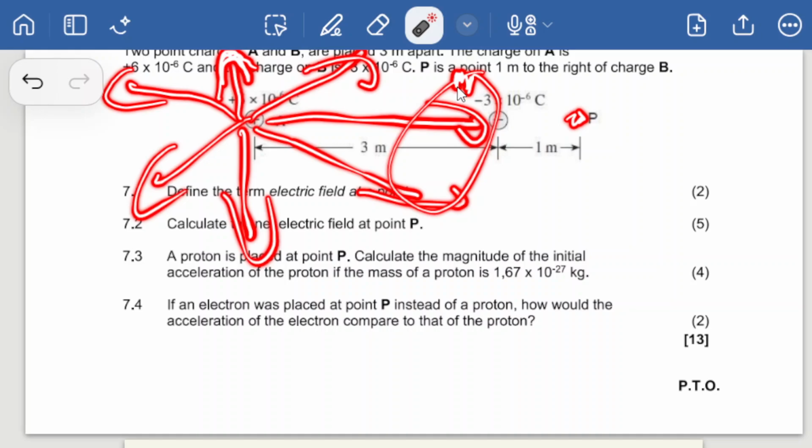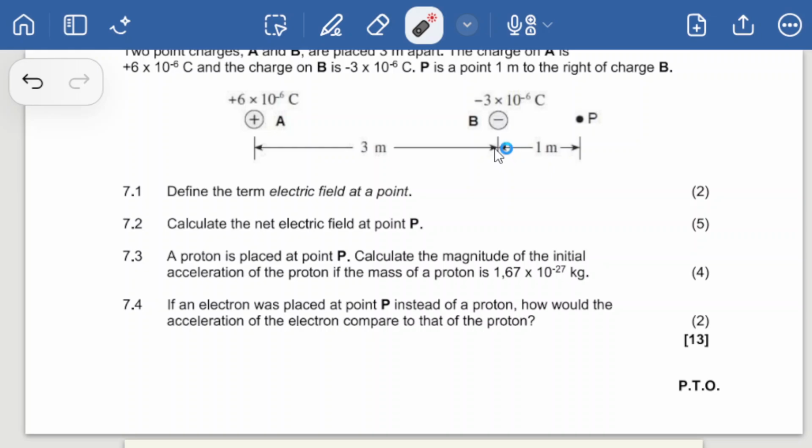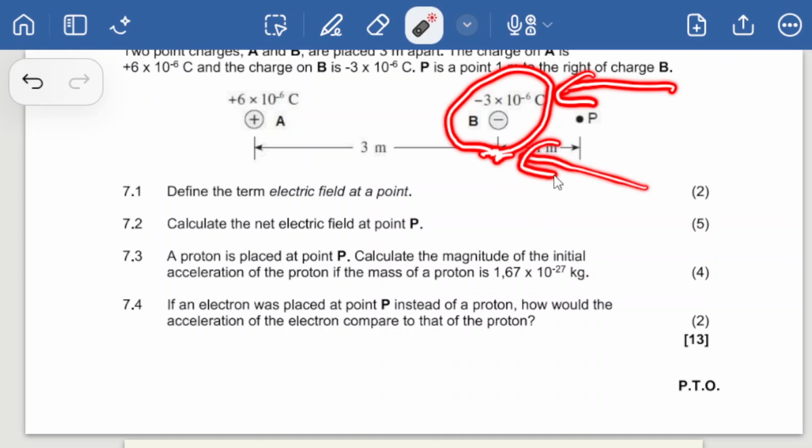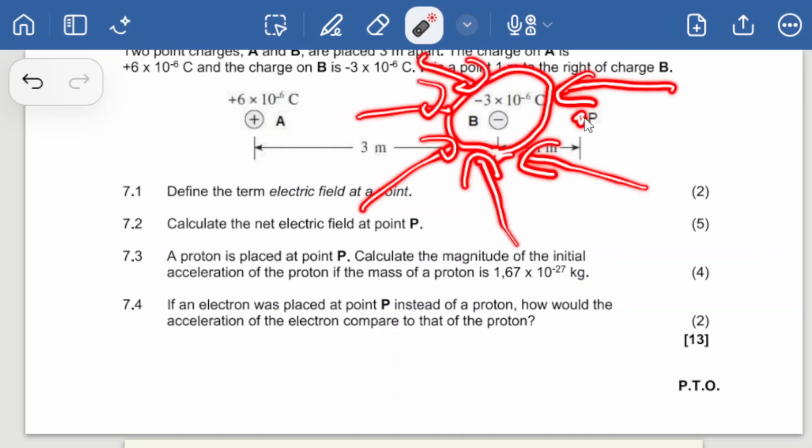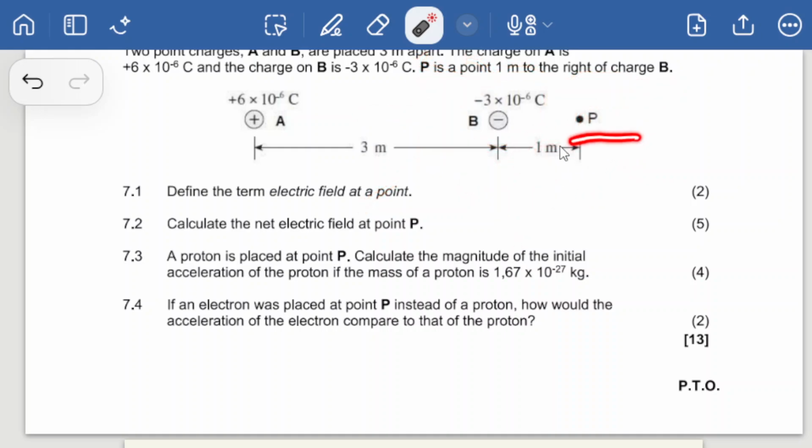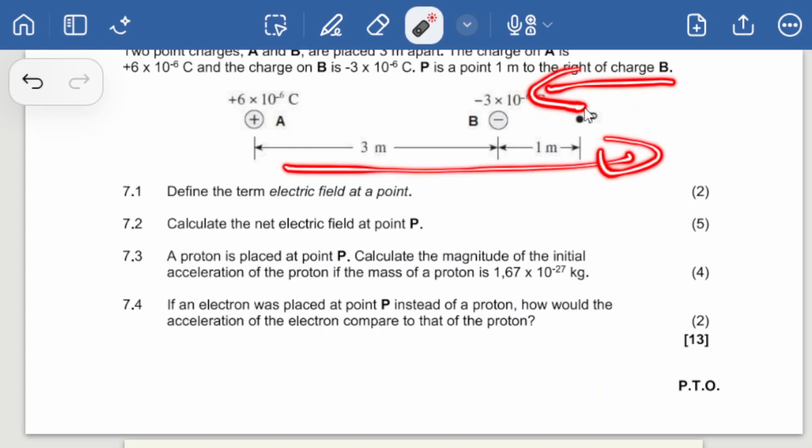That is called the electric field strength at point P. Similarly for B, but B is a negative charge, so for negative charges the field goes inward. Can you see that P also experiences the field by B? But now the problem is that B's field goes there, whereas A's goes there, so they oppose one another. Can you see?